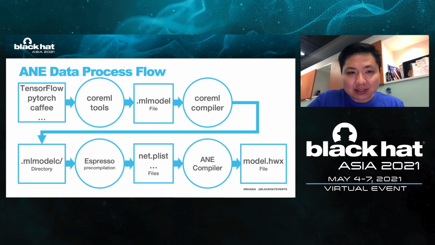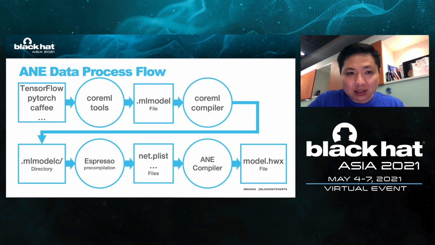Apple provides CoreML tools to convert them into a unified ML model format. The CoreML compiler will compile the ML model files into some files and store them in a specific folder with a suffix of mlmodelc.